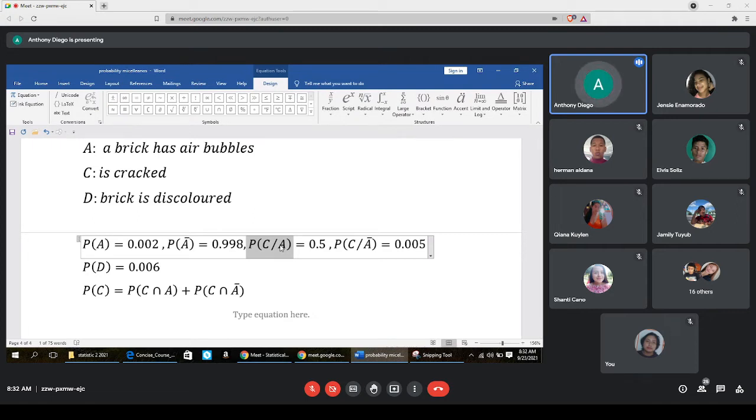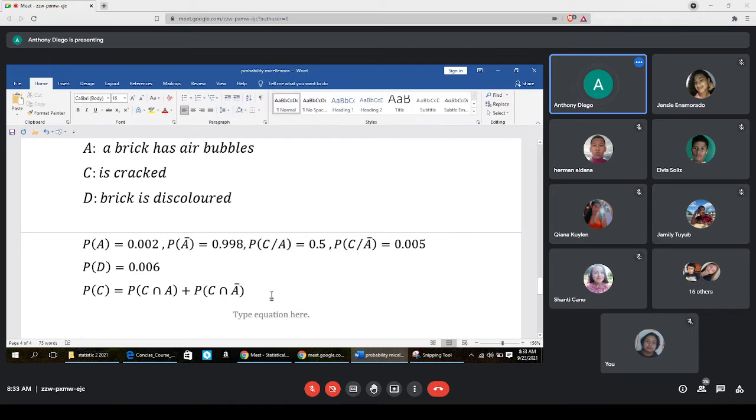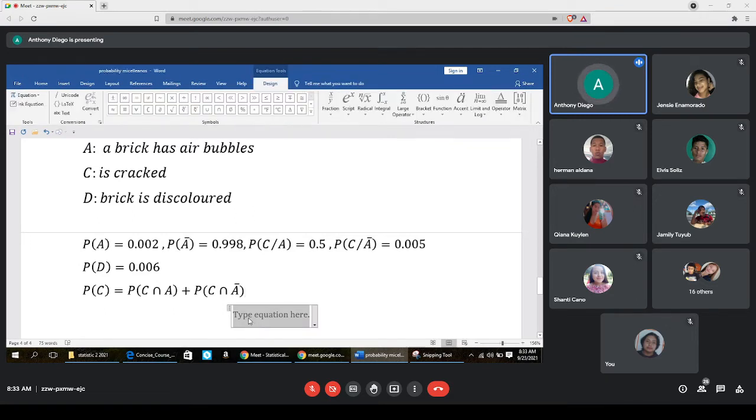How are we going to find C intersecting A? Sir, it will be C given A times the probability of A.